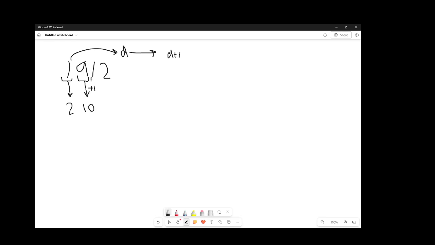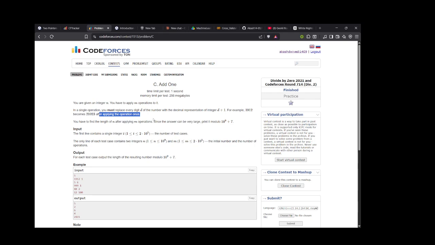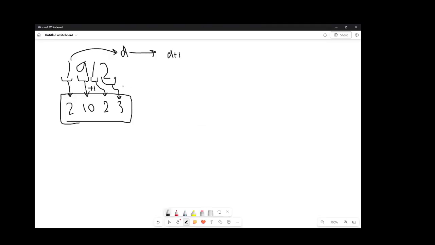For 1, similarly, it would be increased to 2, and for 2, it would be 3. So this is our desired number that we need to generate. Overall, we count this as one operation.